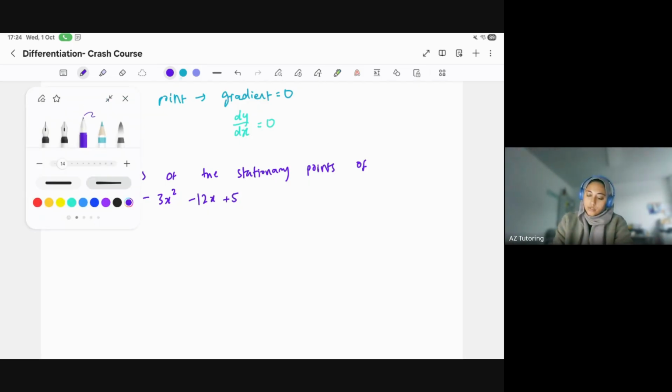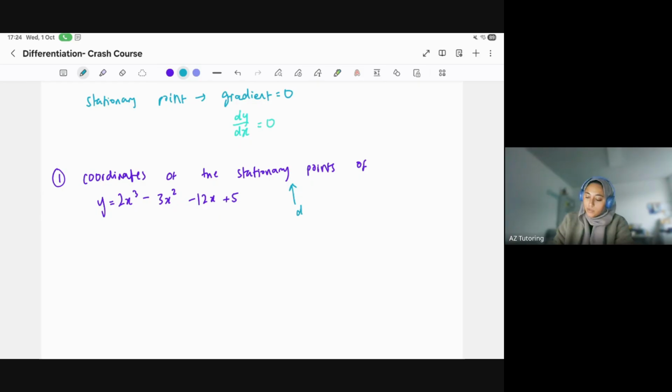Okay, so stationary points, dy over dx equals 0 is what we need to solve. But first we need to find dy over dx. So the differential is 3 times 2, which is 6, decrease the power by 1, 6x squared minus 6x minus 12. Okay, that's our differential.